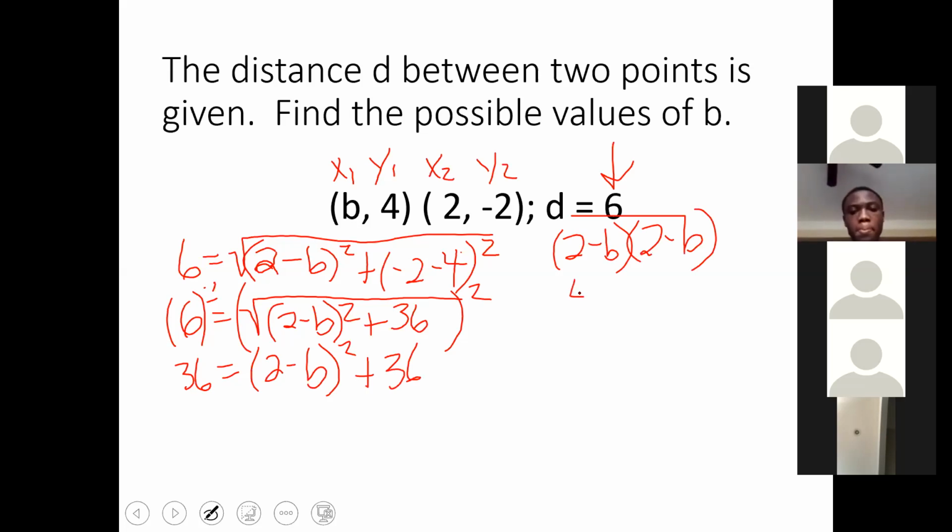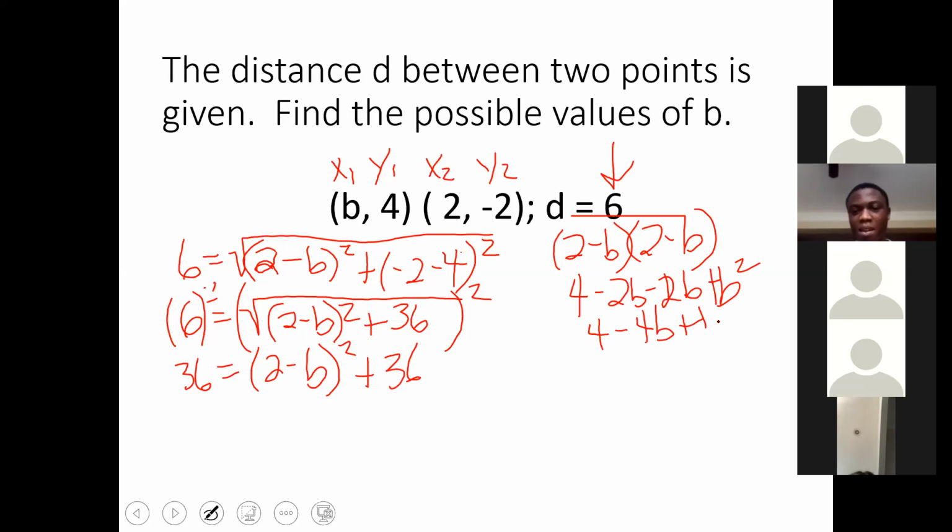It's going to be 4 minus 2b minus 2b minus b squared. Wait, wouldn't it be positive b squared? Yes, that's right. Positive. Good job. So it's 4 minus 4b plus b squared. It's important to always get your sign right.